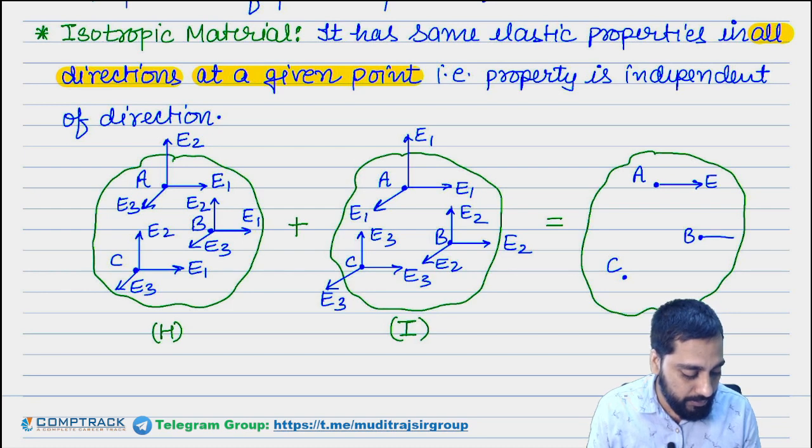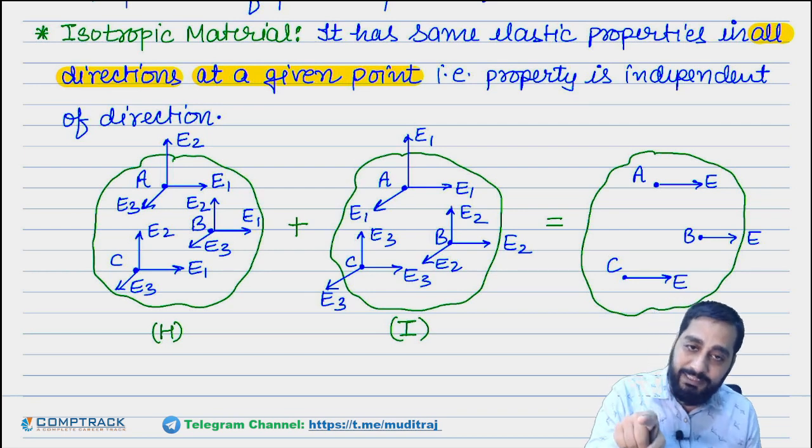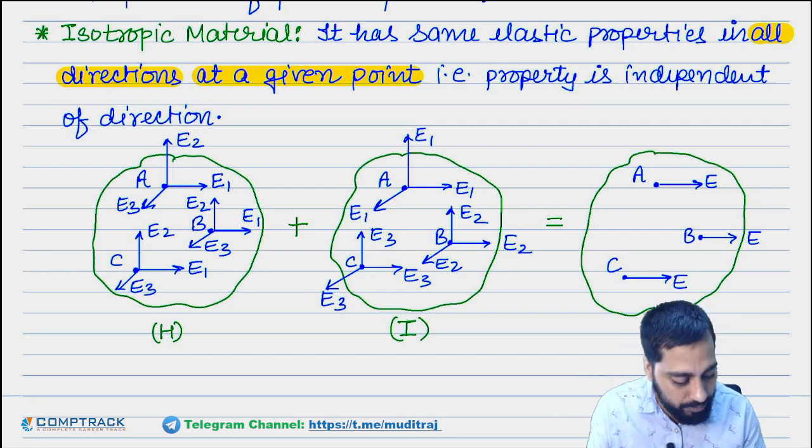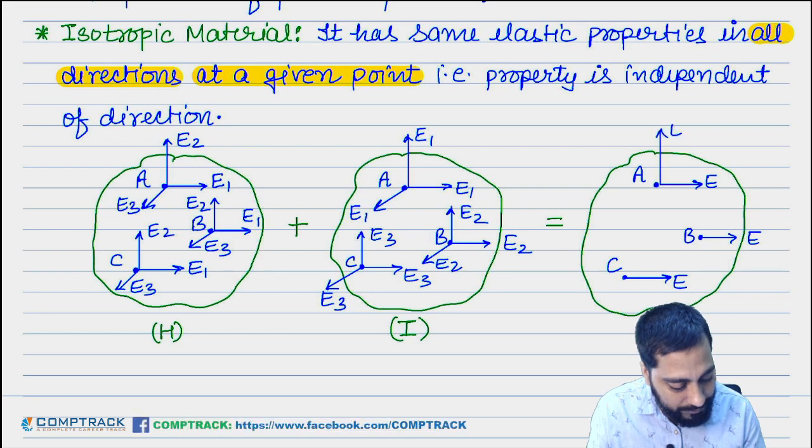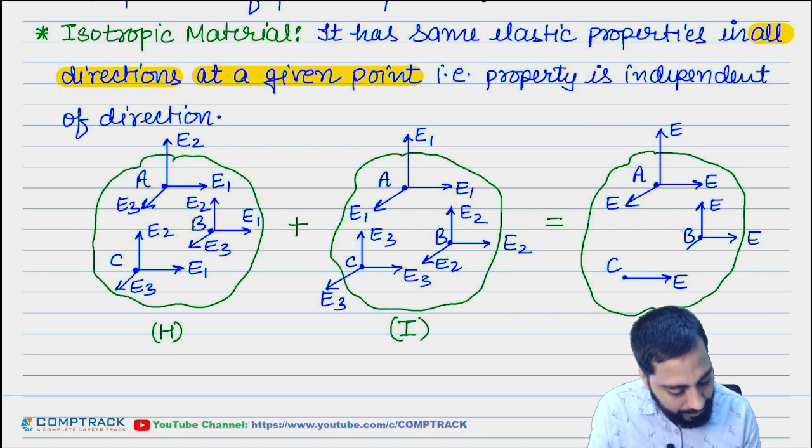Means E, E and E. And at a single point in all directions it must be also same. So in Y direction it must be E. In Z direction must be also E. So in all directions and all points the property will be same. इसका मतलब क्या है? What does that mean?